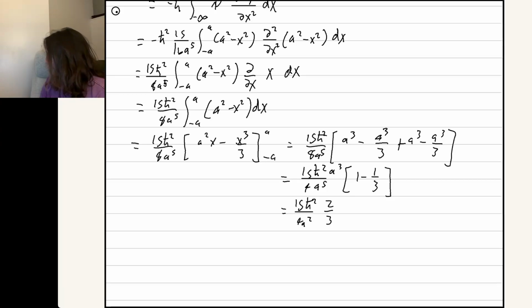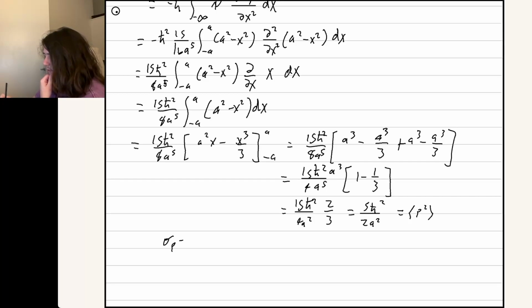That simplifies: 15 over 3 is just 5, 2 over 4 is 1/2. So it's 5 h bar squared over 2a squared. That's your expectation value of momentum squared.